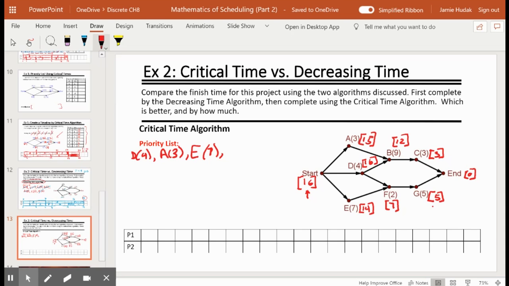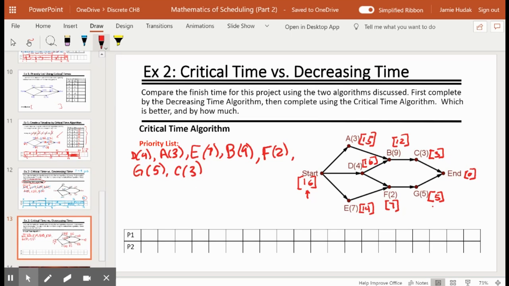Next comes 12, so B9, F2, and go down to the next line, G5, and C3.